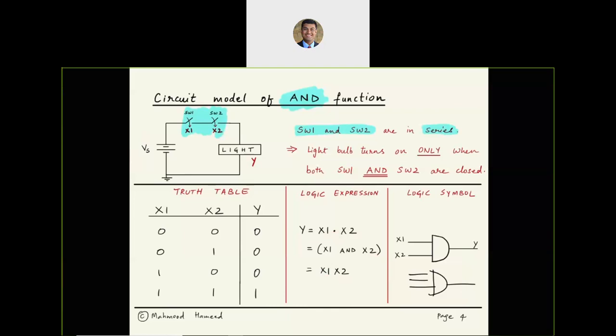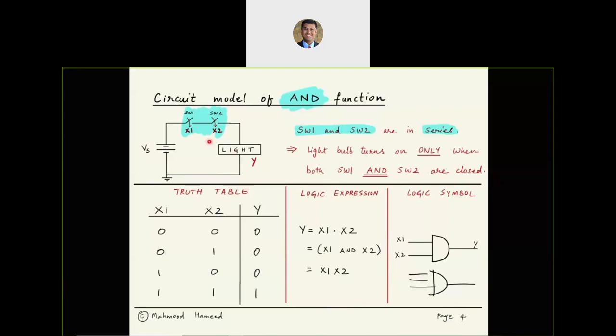The condition over here is only when both the switches are on, meaning in the closed position, current can flow and the light will turn on. If either one of them is open or both of them are open, then the light will be off because the circuit is not complete and current cannot flow.